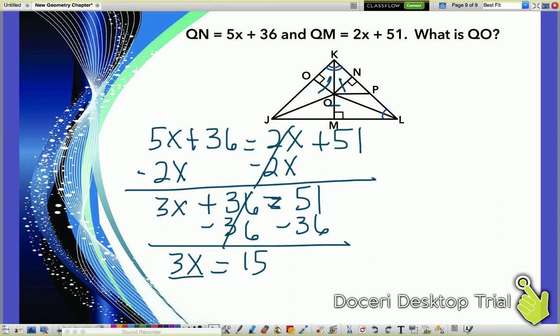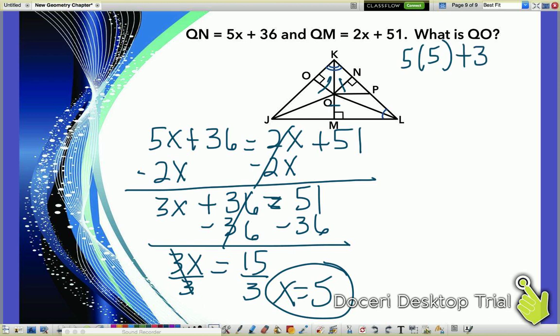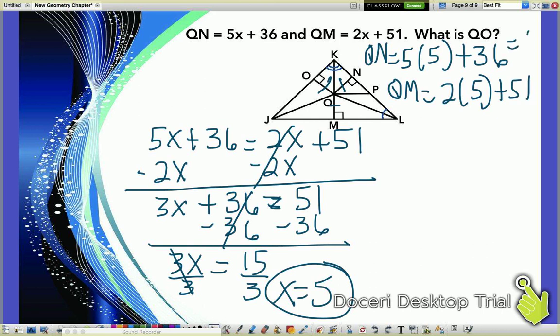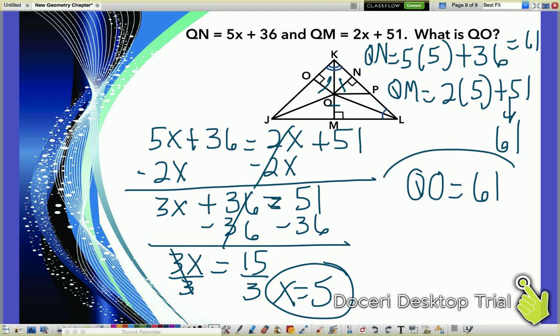Divide by 3. So I'll plug that back in. So that would be my QN. I'm just going to check and make sure that it does equal. So 25 plus 36 would be 61, and that would be 61. So QO better be 61.